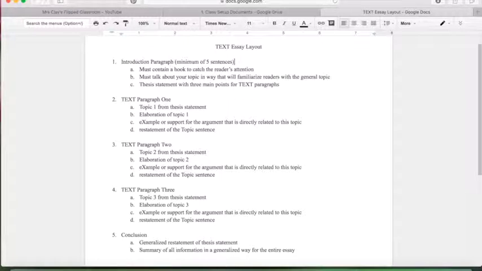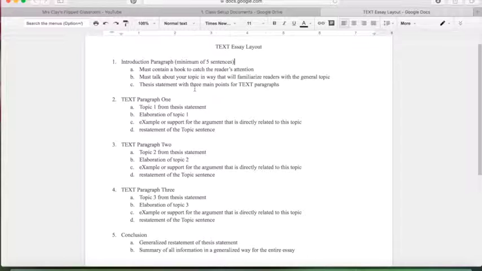Then again, if we're going to talk about the phantasmagoric implications of the writings of Poe, I'm going to have to tell you what phantasmagoria is, because you're not going to know what that is, and a science teacher's not going to know what that is. So right here on point B, this is where you talk about what you're going to say. This is where the meat of your first paragraph comes in. The last sentence of your introductory paragraph is always, always, always your thesis statement.